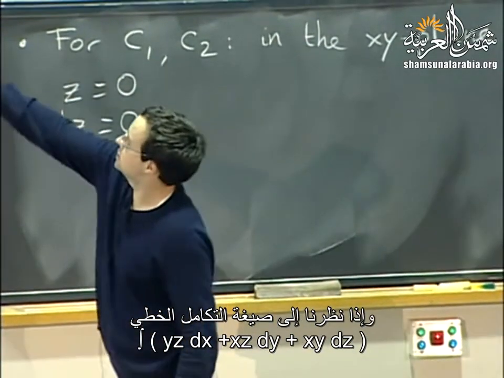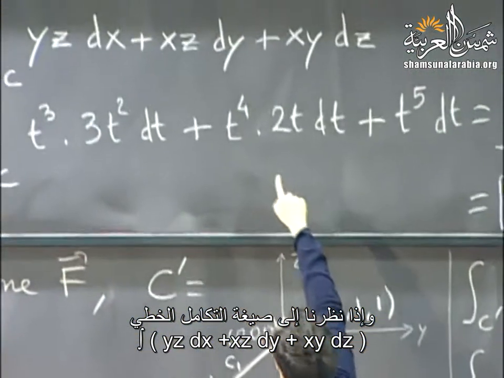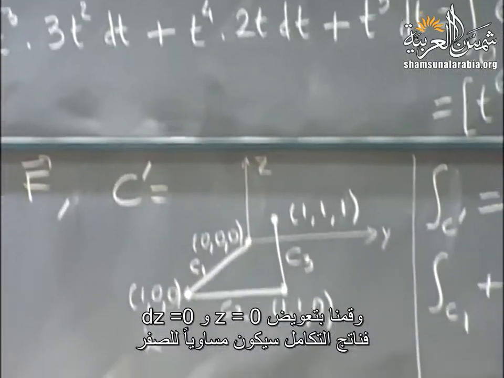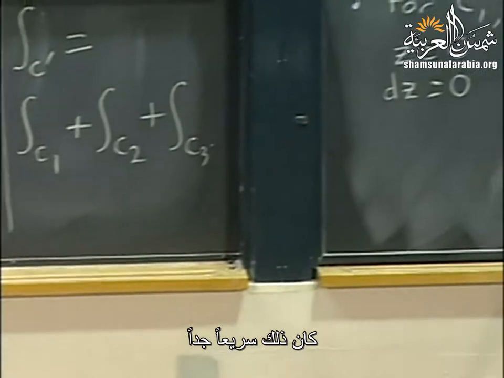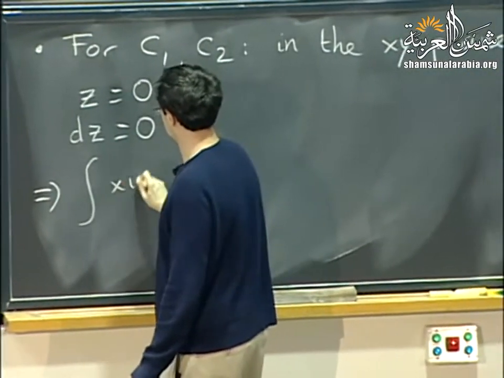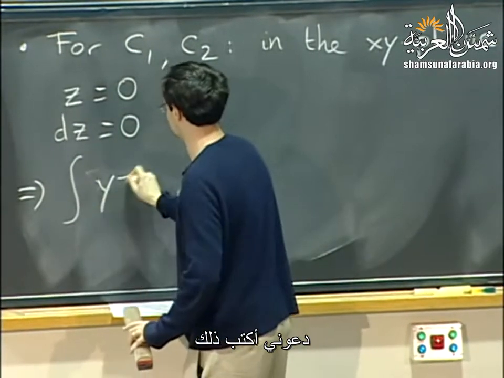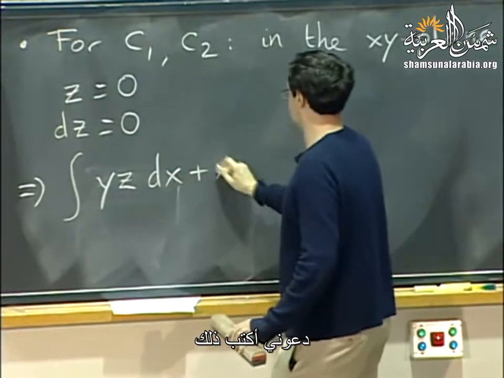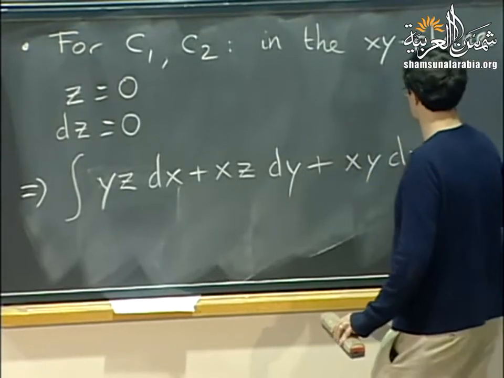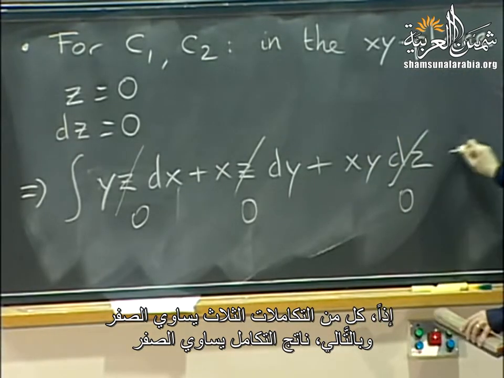And if you just look at the formula for our line integral of yz dx plus xz dy plus xy dz, well, it looks like if you plug z equals 0 and dz equals 0, you'll just get 0. So these are actually very fast. Right, so this is going to be 0, this is going to be 0, and we'll get 0.